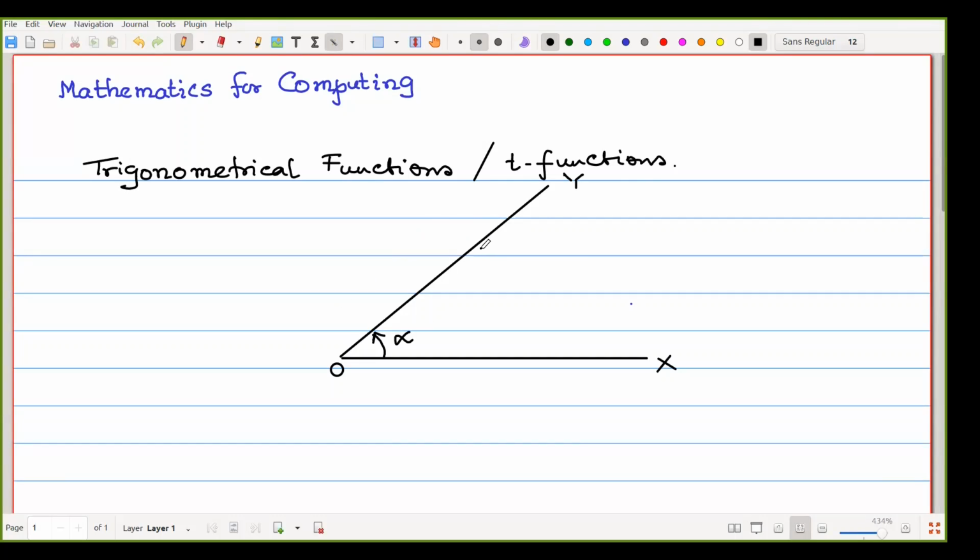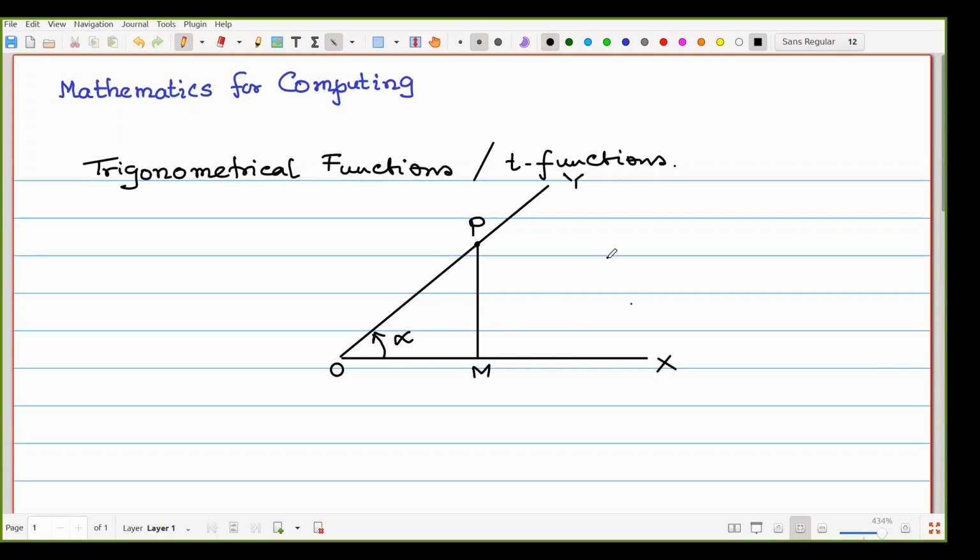Now we are taking any point P in OY and we are drawing a perpendicular, that is PM to the OX.